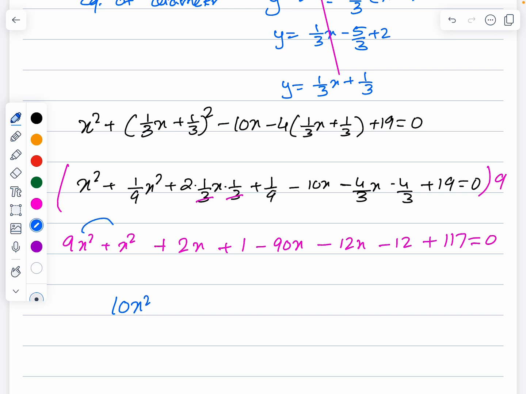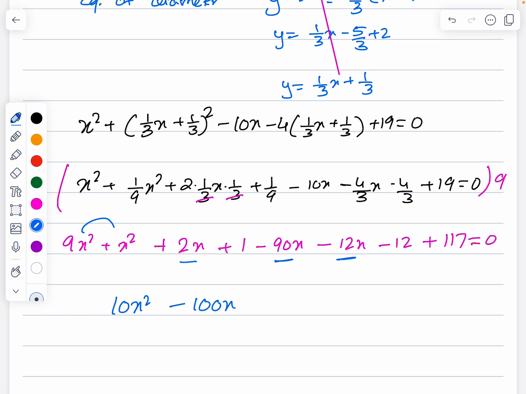9x square plus x square is 10x square. Then 2 minus 12 is minus 10. Minus 10 minus 90 is minus 100x. Apart from that, what do I get?